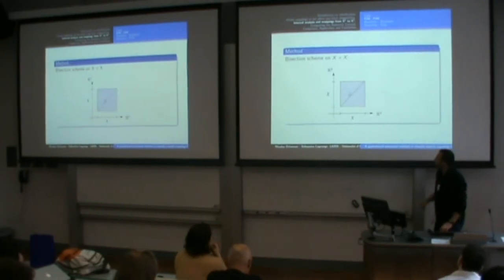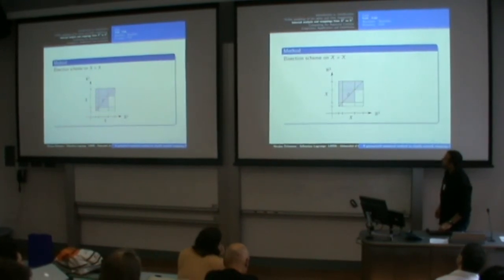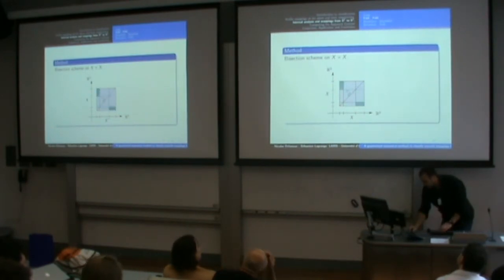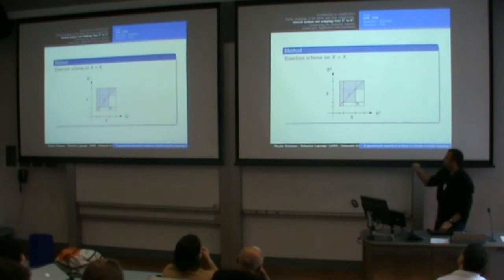And each time that we create a subdivision of this set, we only consider, for example, this blue set, which is the same as this one according to the last relation. That's why I'm not going to consider every set which is under the diagonal. Okay, this is the bisection scheme.